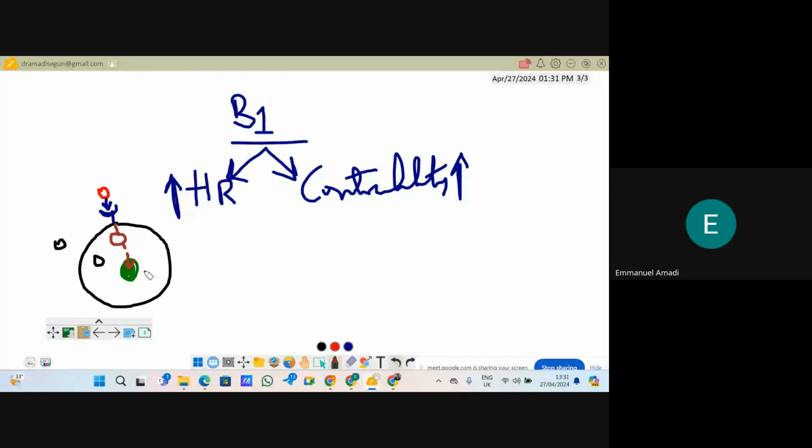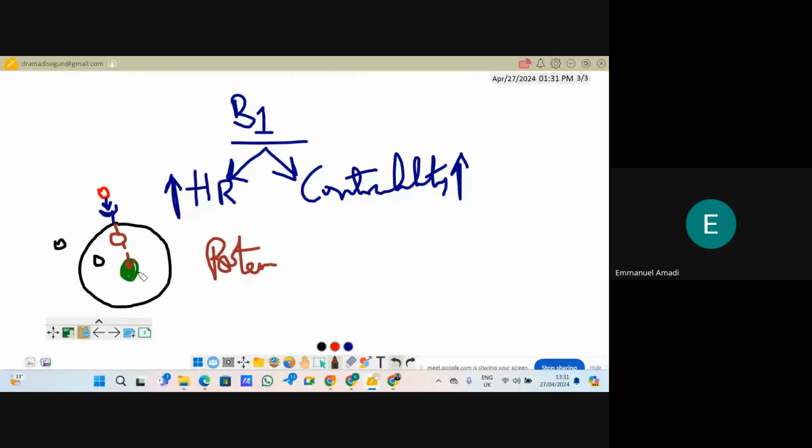Now, when you look at your beta 1 receptor, your beta 1 receptor is coupled to the GS protein, which goes via the cAMP pathway. I'm not going to talk about that. That is not what I'm interested in this class, but I'm just trying to bring you to speed. Now, what that simply means is that they will go via production of cAMP, and the end product of that cAMP pathway is activation of protein kinase.